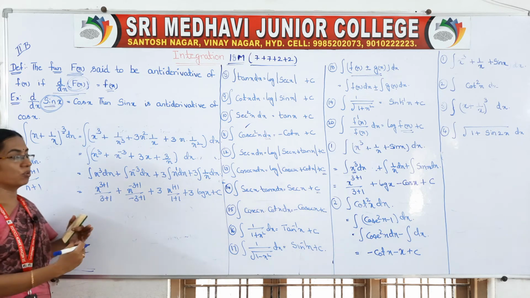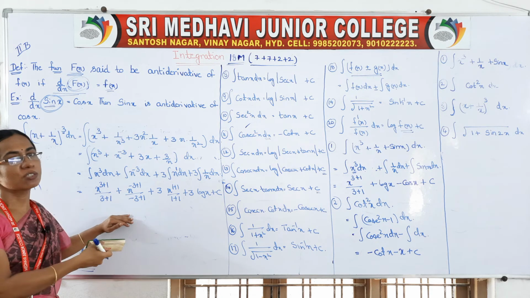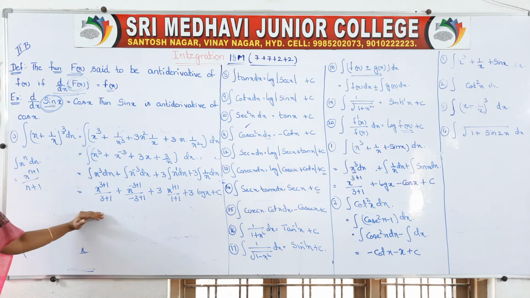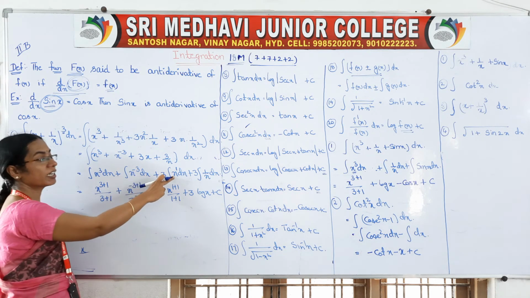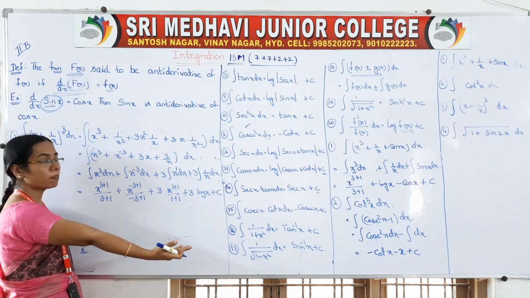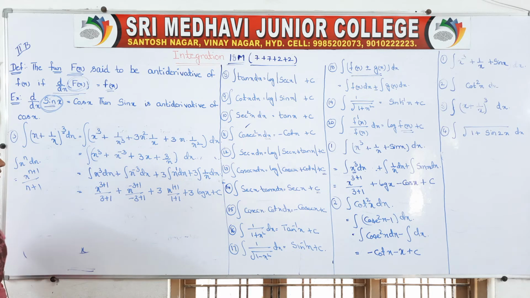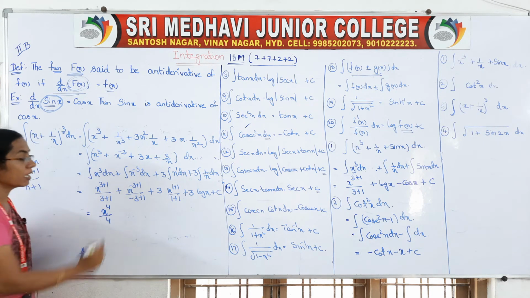Actually girls, if you practice and get used to these formulas, within 2 steps you can write it, right? No need to write all. Actually we are doing this now only, we just started our integrals, that's why I am explaining directly like this. Here you can write x to the power of n plus 1 by n plus 1, 1 plus 1 is 2, x square by 2 also you can write. So it is equal to x to the power of 4 by 4.